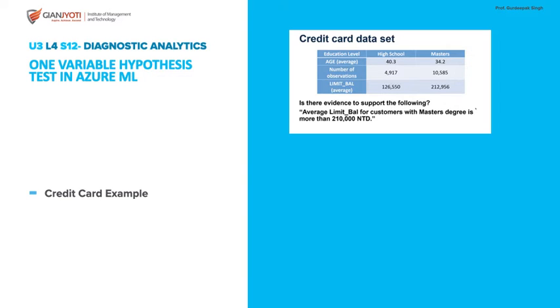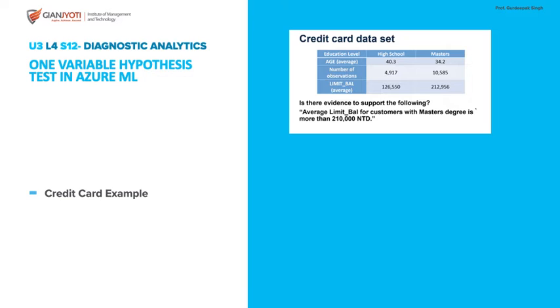Average limit balance for customers with a master's degree is more than 210,000 New Taiwan dollars, so any currency. So is the average limit balance for customers with a master's degree more than 210,000?